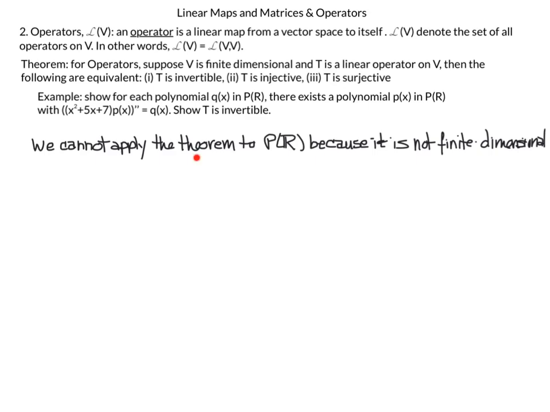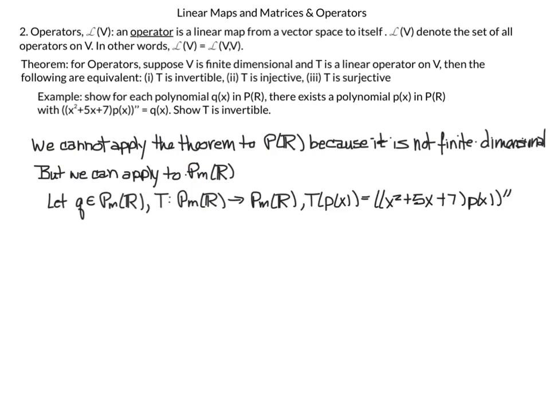The first thing to note is we cannot apply this theorem here to P of R because our general space of polynomials, of possibly infinite dimension, does not apply here because V needs to be finite dimensional. But we can apply the theorem to Pm of R, in other words, polynomials of degree m or less.